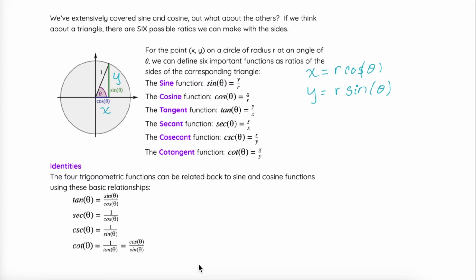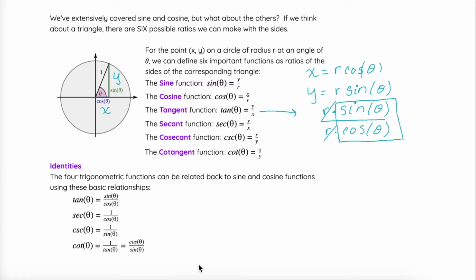So if I'm defining tangent as y over x, that would be the same as radius times sine of theta over radius times cosine of theta, where the radiuses would just end up eliminating, so then all I'm left with is sine over cosine. And this is going to be one of the major ones that we're going to utilize quite frequently to replace, so keep this guy handy.